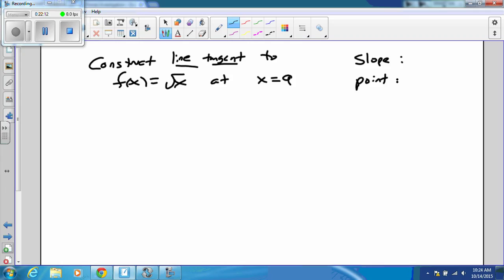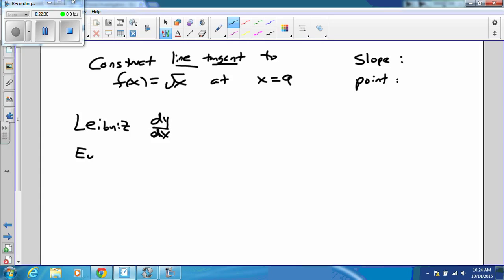You know what? Before I do this, I need to talk about Euler notation. Remember the fight between Newton and Leibniz? Leibniz writes his derivatives like this, dy dx. Excuse me, he writes his tangent line slopes like this, dy dx. Newton writes them in a slightly different way.